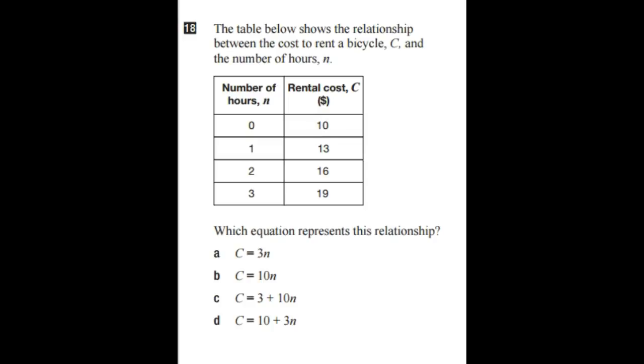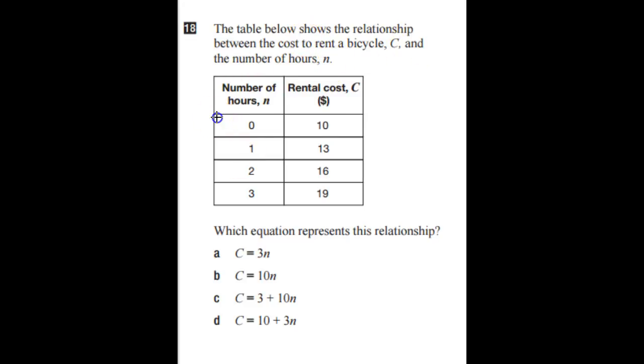So here's another question where it's not specifically about partial and direct variation, but I think it's interesting and it's related to that. We talked about how to tell a direct and a partial variation from a table of values. So when I look at this question, what it says is the table below shows a relationship between the cost to rent a bicycle and the number of hours.